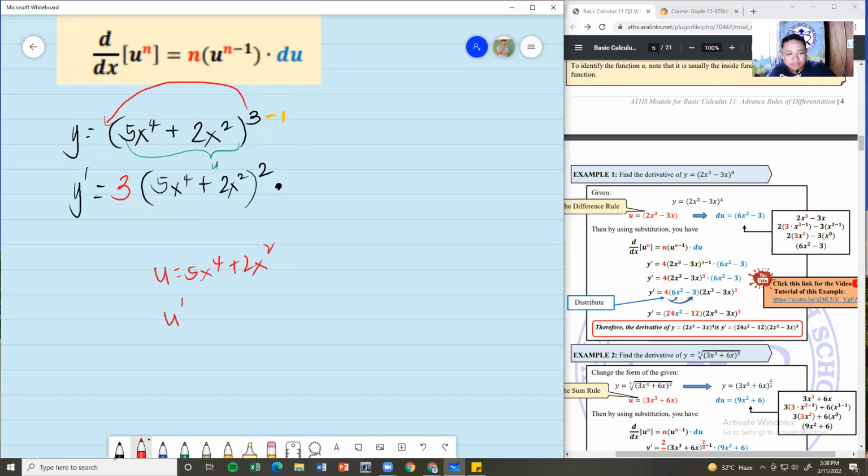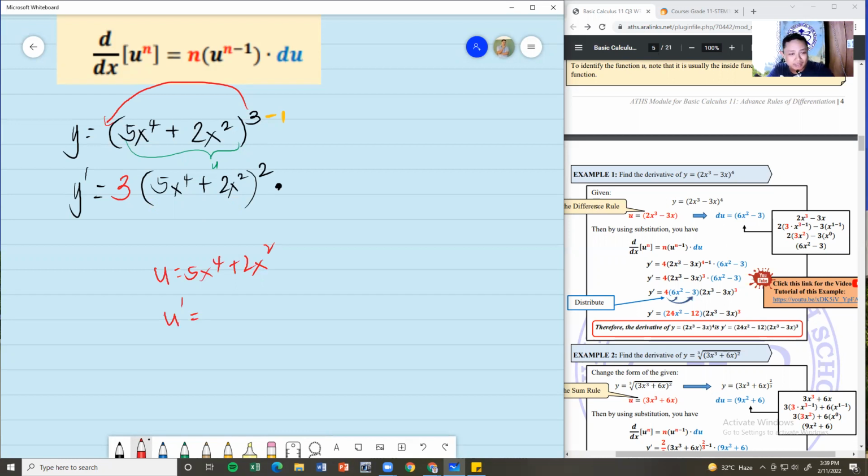What's the derivative of this? The u prime will be? Okay. Very good. To those who are sending, they are giving me the correct answers. Okay, correct. But the one who sent me the answer, medyo nakalimutan niya yatang i-multiply yung squared niya.